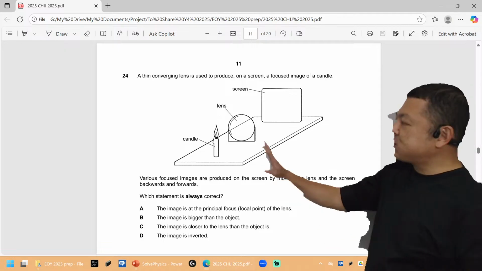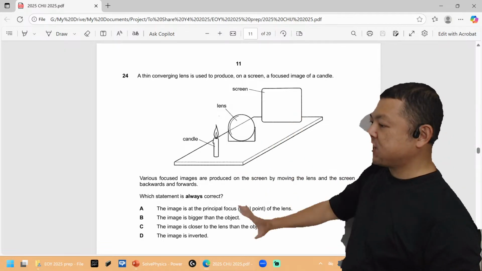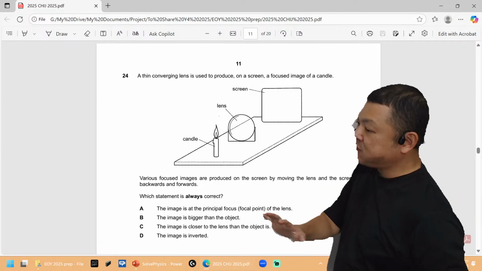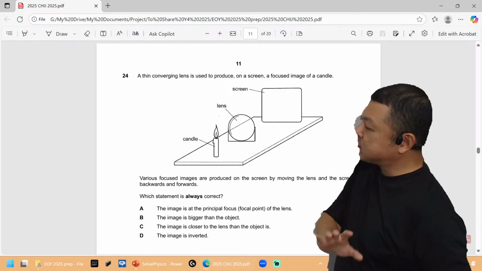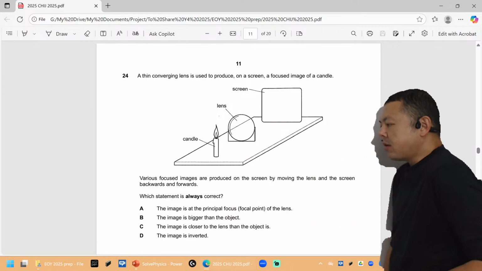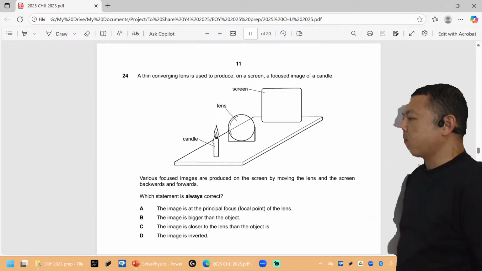I tell you lens questions, all of them are to be memorized. There is no lens question that's not memorized. Inside my lens video, I tell you that if you don't spend time memorizing it, you will not get any of your lens questions correct. This is one of them.